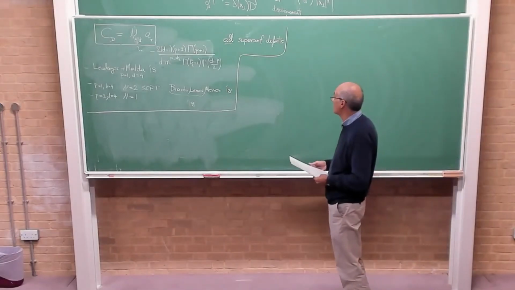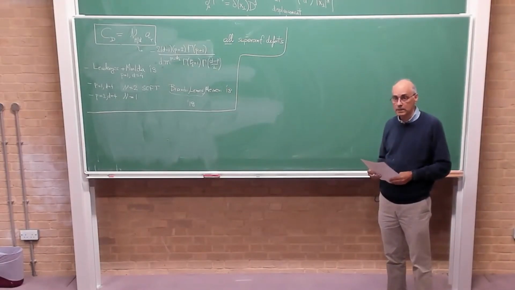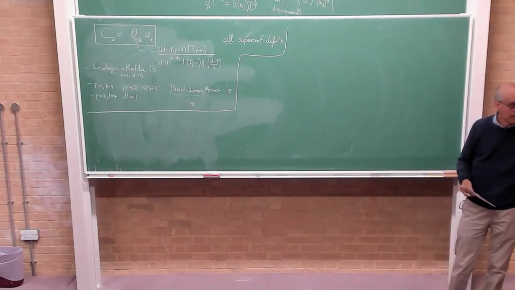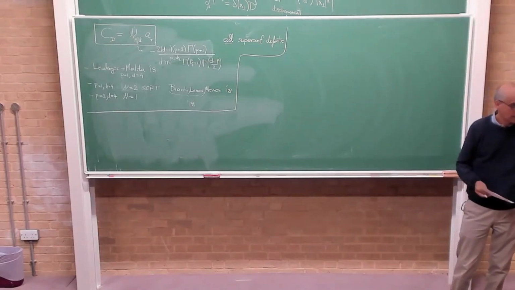Okay, so that's part 1. Any more questions about this? p is the number of dimensions of the defect, d is the space-time dimension. I'm assuming they are integer, but you can continue analytically; people do this.